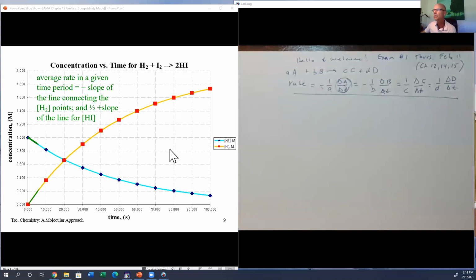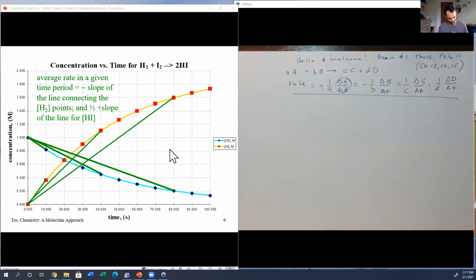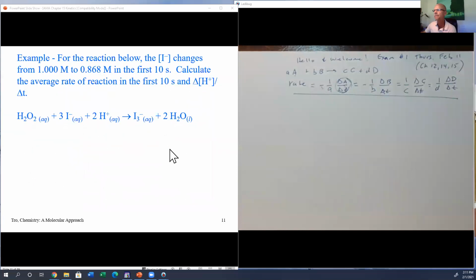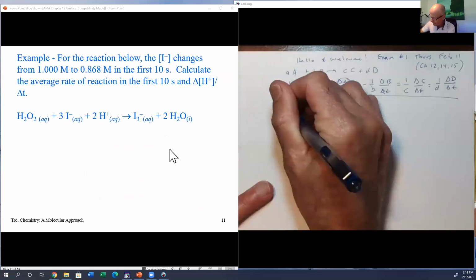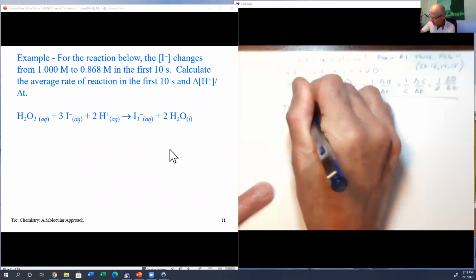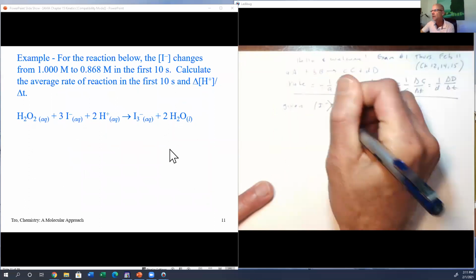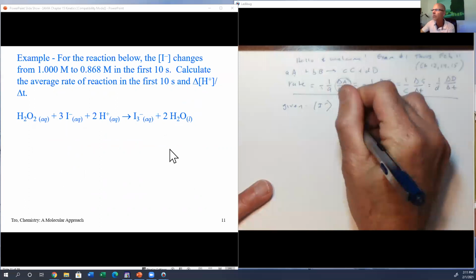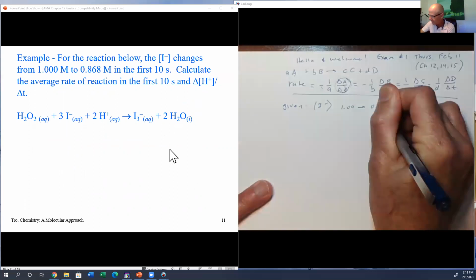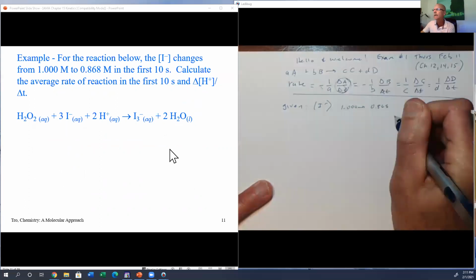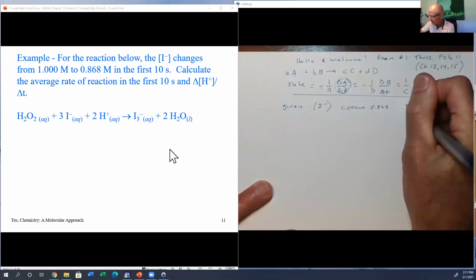Okay, let's do a little example so that this becomes crystal clear and there won't be any more confusion. All right. So here we have a reaction. We're given that the I minus concentration changes from 1.00 to 0.868 in 10 seconds.